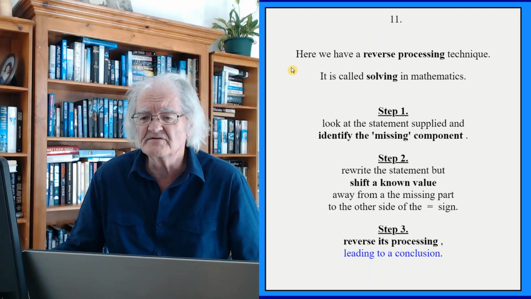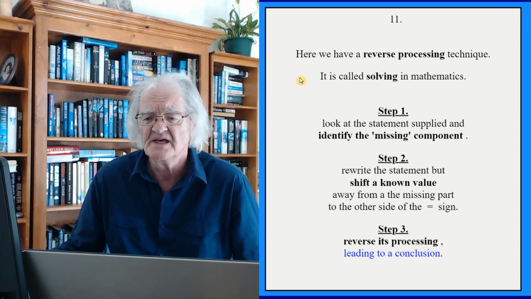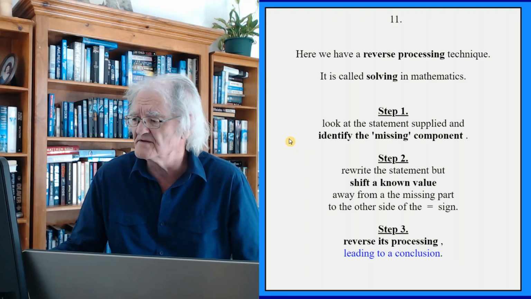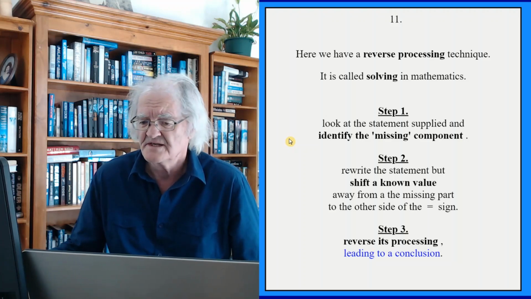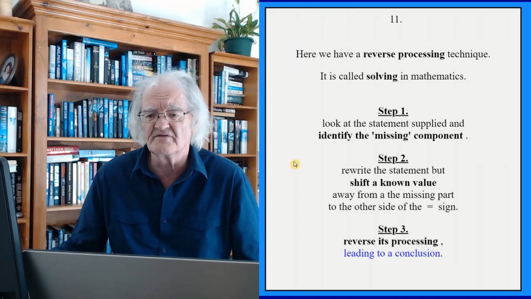So here we have a reverse processing technique which helps us get an unknown value. It's called solving in mathematics. Step 1, look at the statement supplied and identify the missing component. Step 2, rewrite the statement but shift the known value away from the missing part.